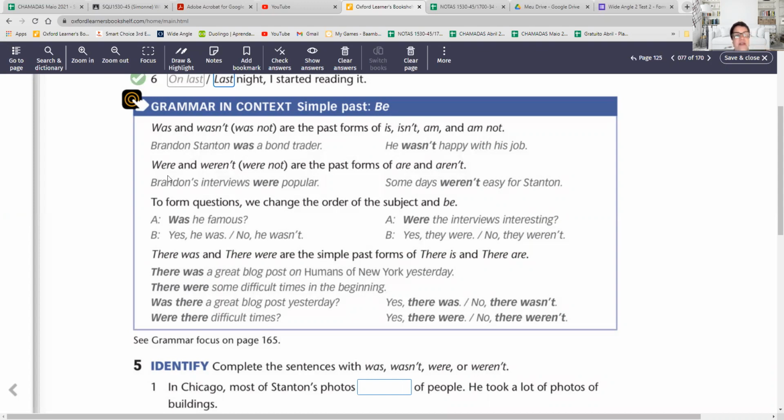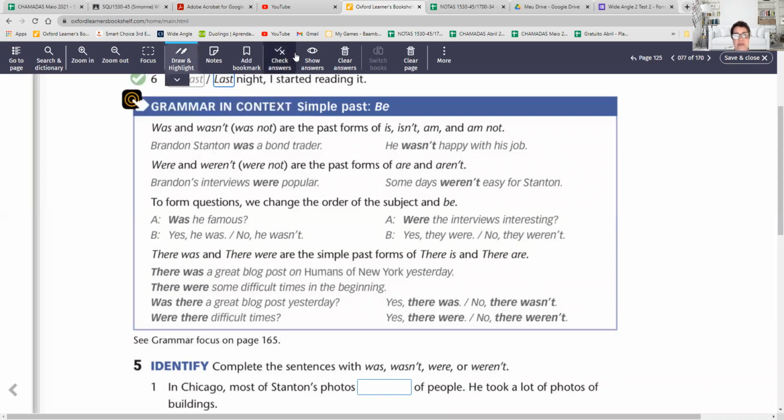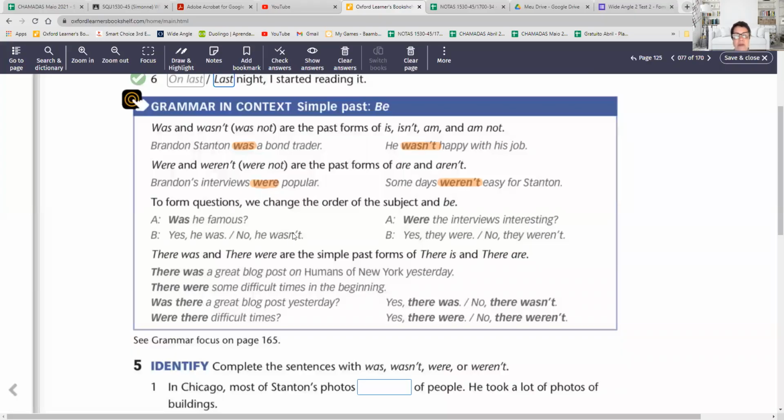Okay. Now, were and weren't are the past forms of are and aren't. Okay. So let's highlight that. Sorry, guys. Just a moment, please. Sorry about that. So here, let's see the first example. Brandon Stanton was a bond trader.